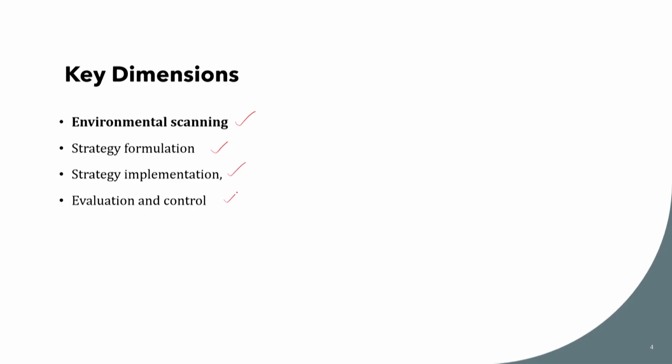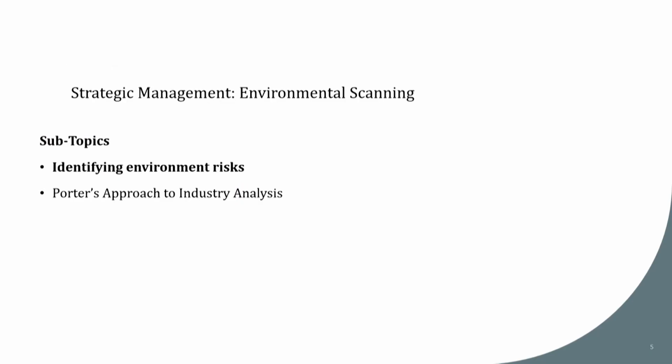So in this session I will focus on the first key dimension, that is environmental scanning, and in the next session we will talk about strategy formulation. One of the most critical steps in strategic management is environmental scanning.